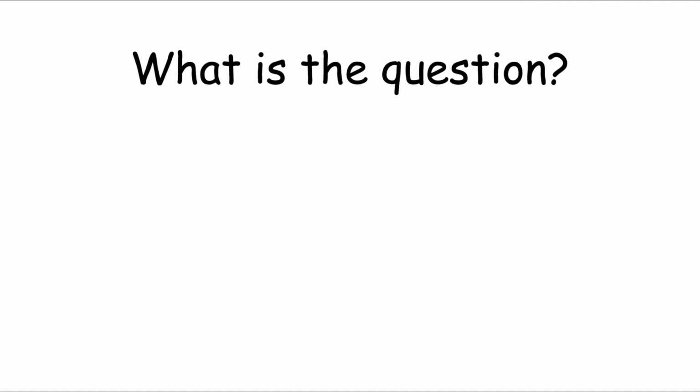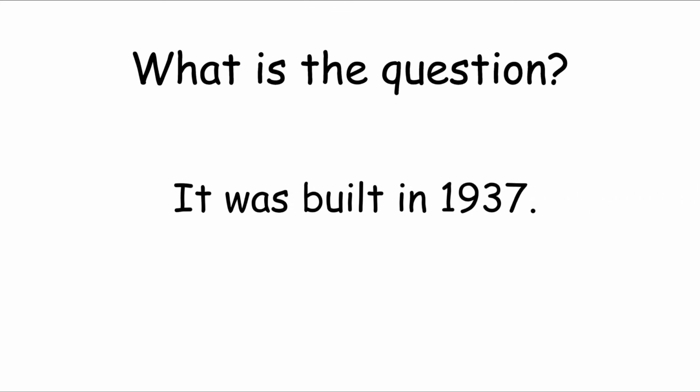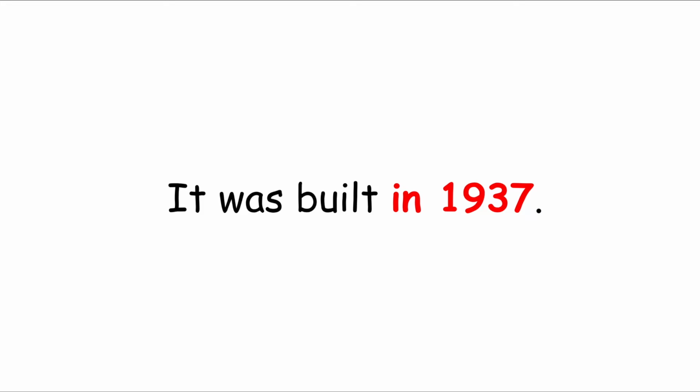Okay, so I want you to tell me, what is the question? I'm going to show you a sentence, and I want you to try to guess what could be the question. What WH word are you going to use? All right? So, what is the question? It was built in 1937. Okay, so in this sentence, we need to look for a clue here.